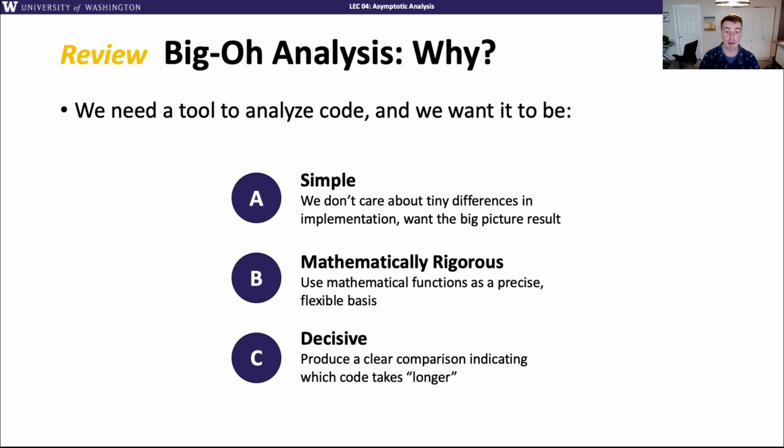So we want this to be rigorous to work in more cases. And lastly, we want this tool to be decisive. We want to produce a clear comparison indicating which code is more efficient or which one might take longer. And so these three goals we'll come back to, since Big O helps us achieve all three of these things.